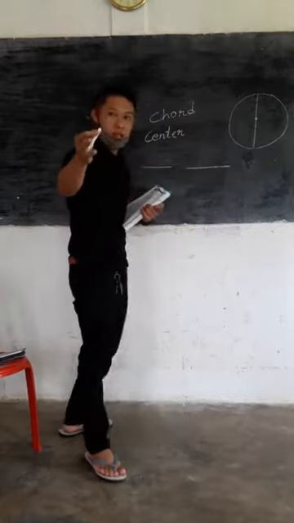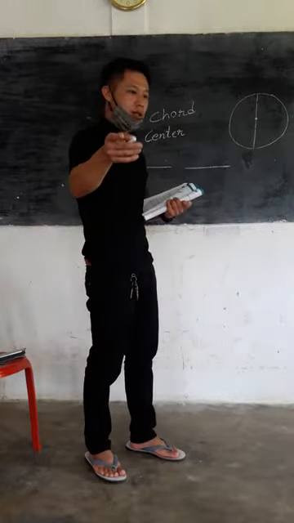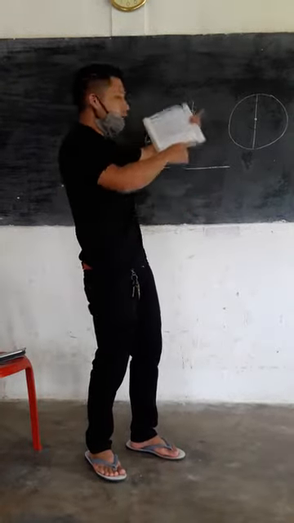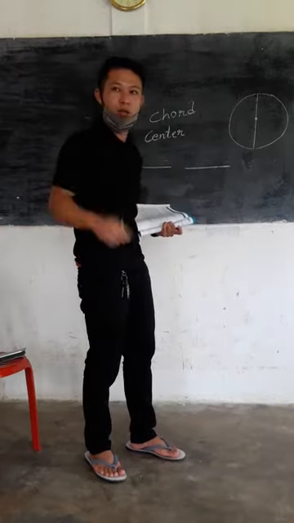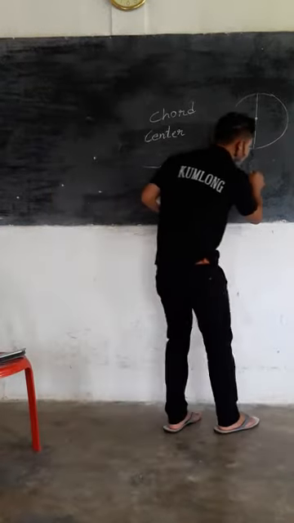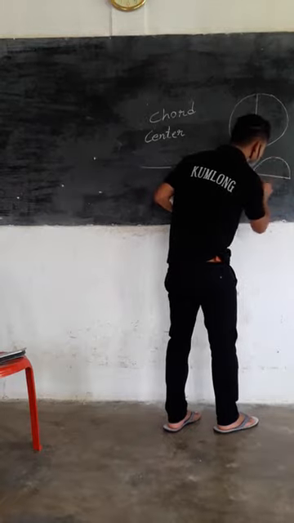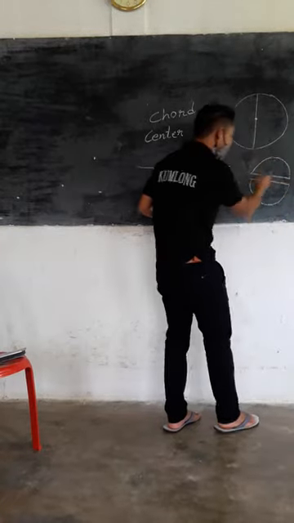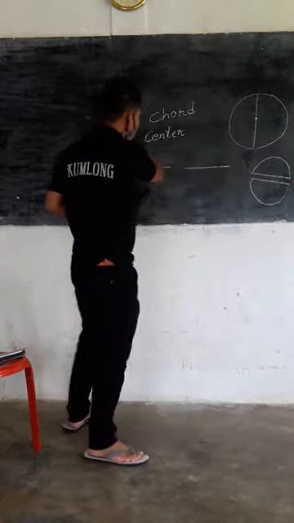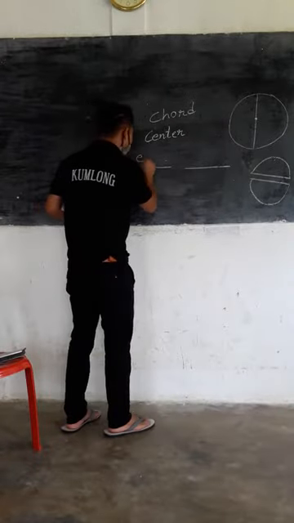We have already discussed that. Diameter divides the circle into two equal parts. So the first one is equal.